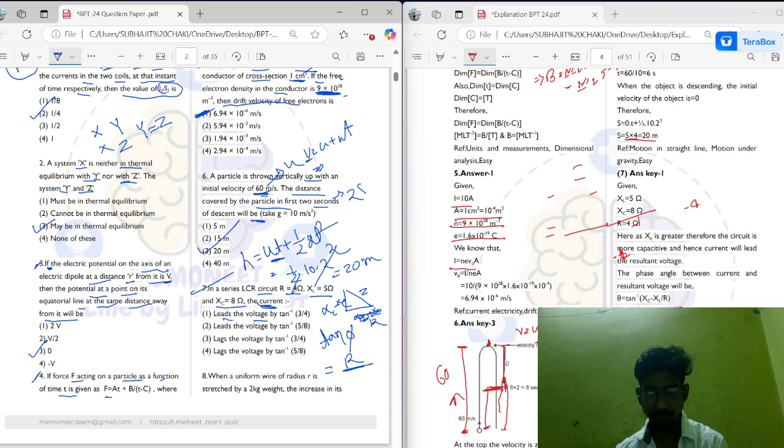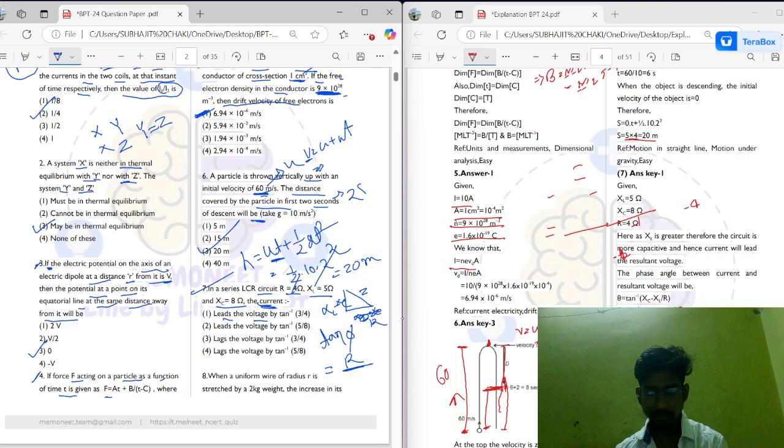Now all the other things are constant, so you have to take the relation between the radius and the change in the length. From this relation, del L is proportional to 1 by A. So del L1 by del L2 equals A2 by A1, pi cancels out.